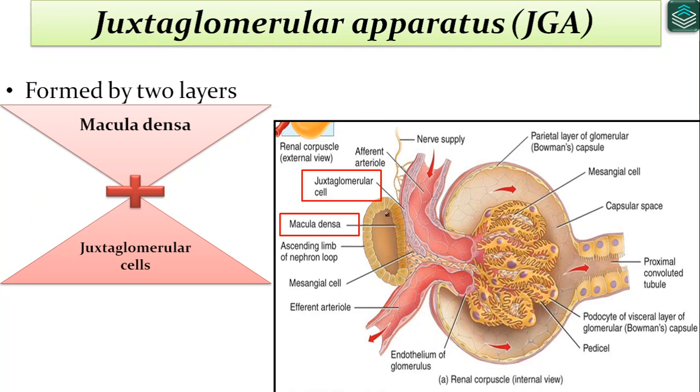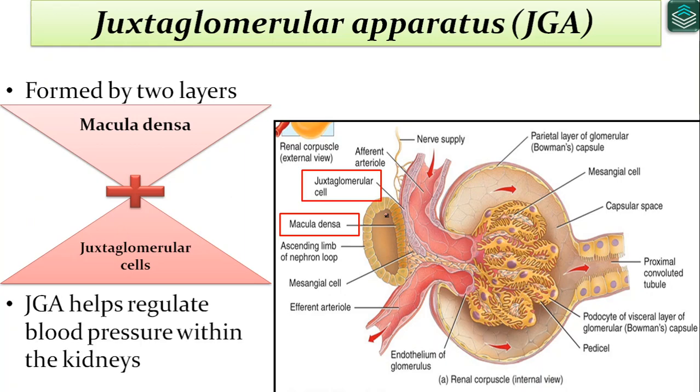The name densa is given because the cells are crowded together in this region. The second type are the juxtaglomerular cells. They are modified smooth muscle cells of the efferent arteriole which are present alongside the macula densa. Together, these are called the juxtaglomerular apparatus. This apparatus helps to regulate blood pressure within the kidneys.